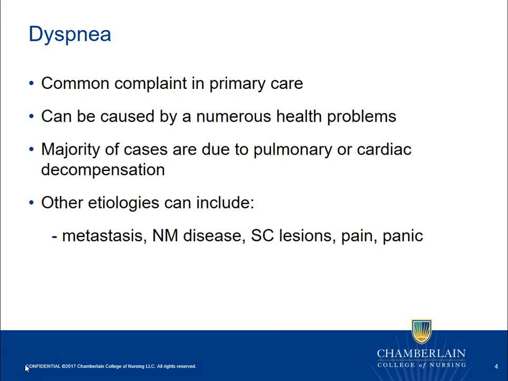In the majority of cases, dyspnea is a result of cardiac or pulmonary decompensation. However, other etiologies can include metastasis, neuromuscular disease, spinal cord lesions that affect the innervation to the diaphragm, pain, and panic disorders.